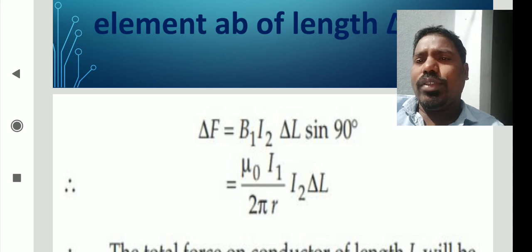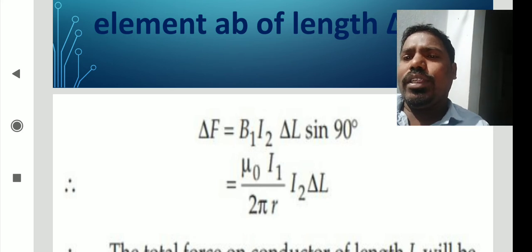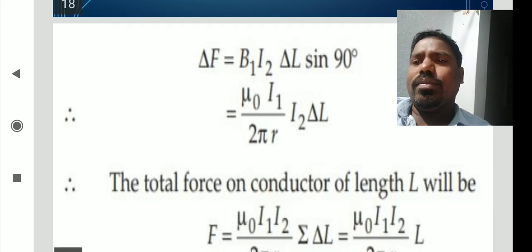Replace it here, then simplify. I2 remains the same, delta L remains the same, and sin 90 is 1. Therefore, delta F is mu naught I1 by 2 pi r into I2 delta L.